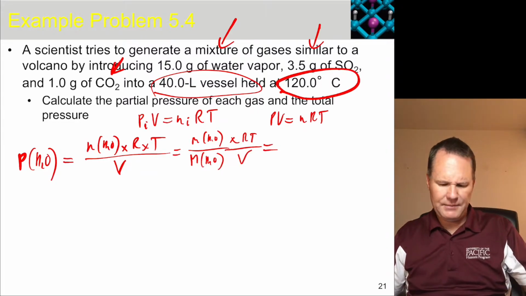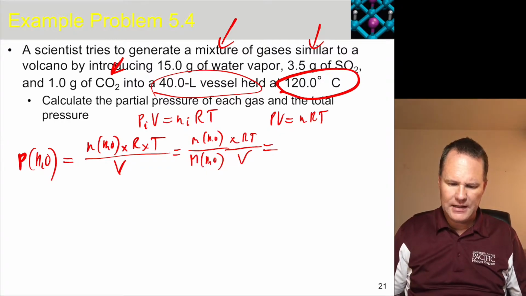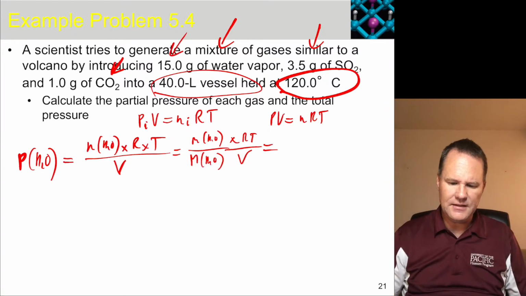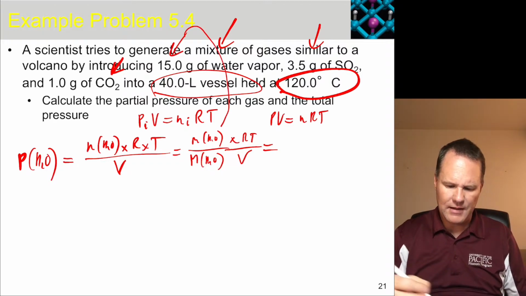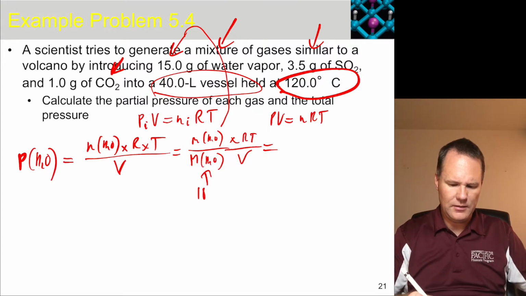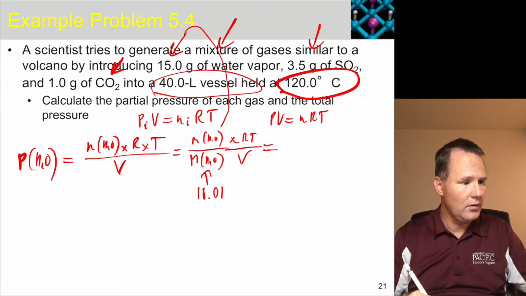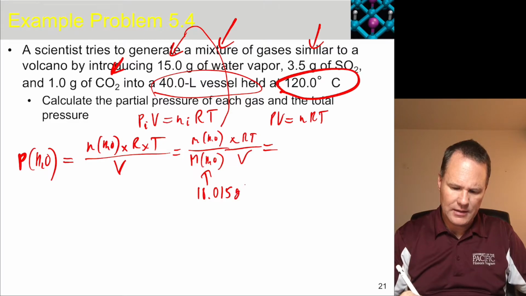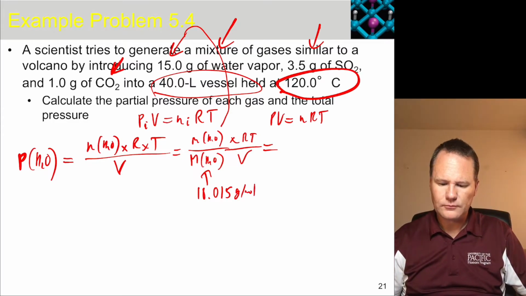And so let me not write down everything, but this is 15 grams, right? So the number of moles is 15 grams, and then here this is something like 18, so 15.9994 plus 2 times 1.0079, and that is 18.015 grams per mole, right?